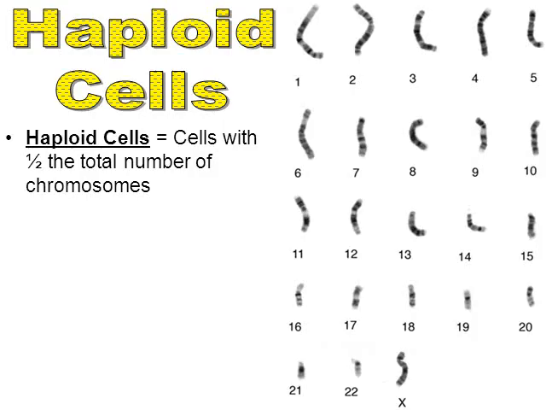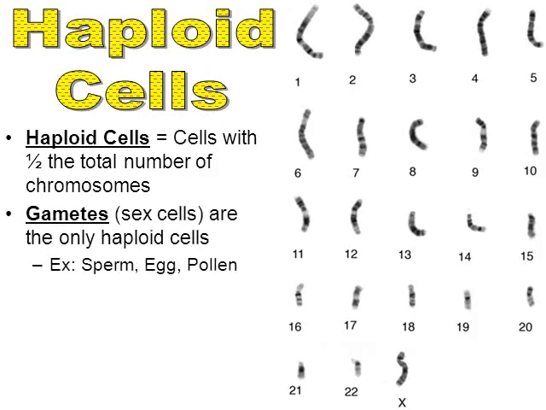Haploid cells only have half the total number of chromosomes. The chromosomes are not arranged in pairs. And haploid cells are what we call gametes. Gametes are sex cells. And gametes are the only cells that are haploid. In animals, we're talking about sperm cells and egg cells. In plants, you could throw in pollen to that discussion.